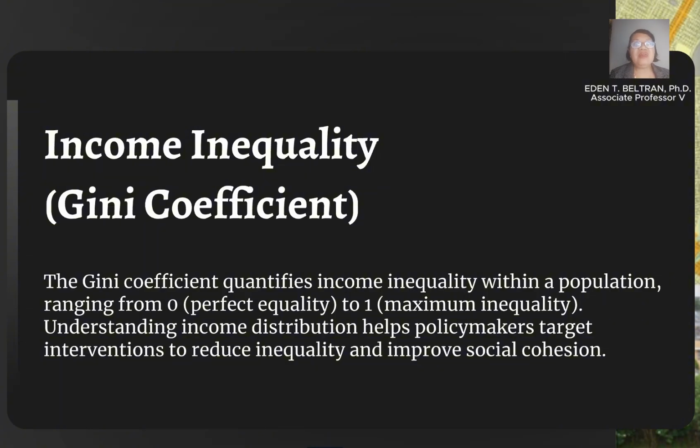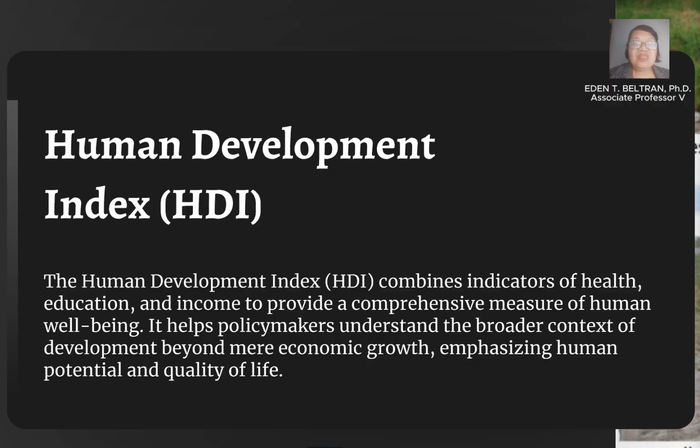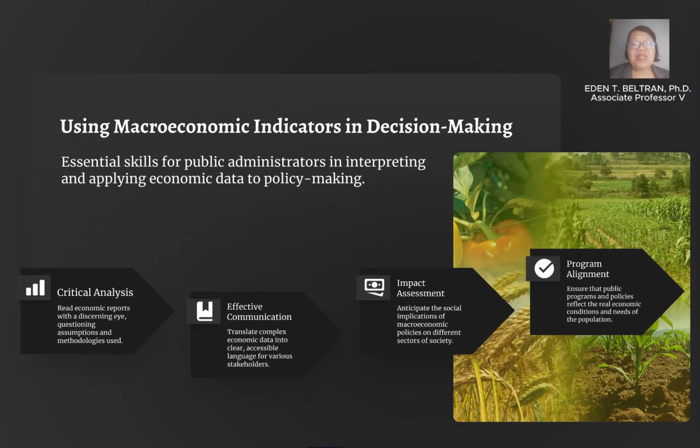So, using macroeconomic indicators in decision making. A competent public administrator should be able to read economic reports critically and analyze them. And then you have to be able to explain the numbers to people in plain language.